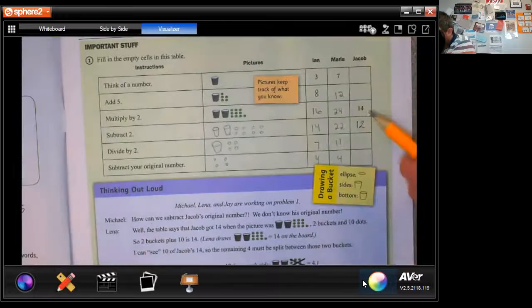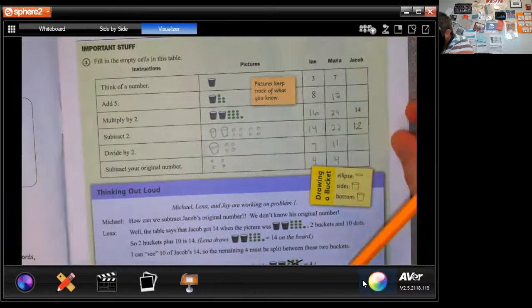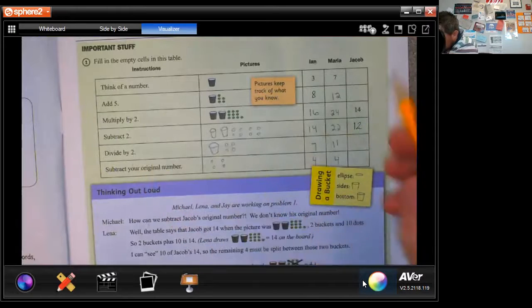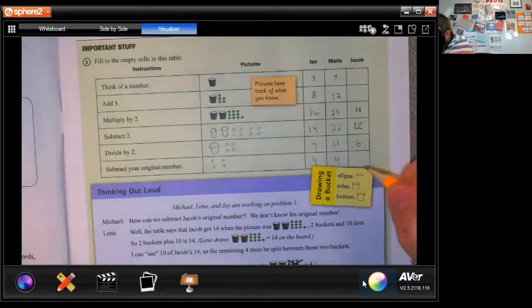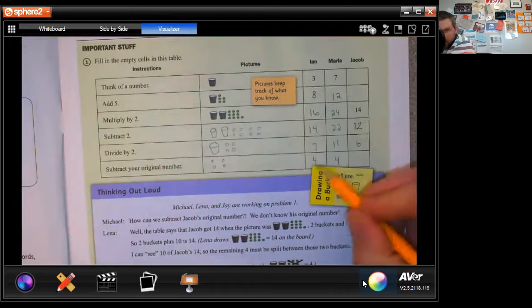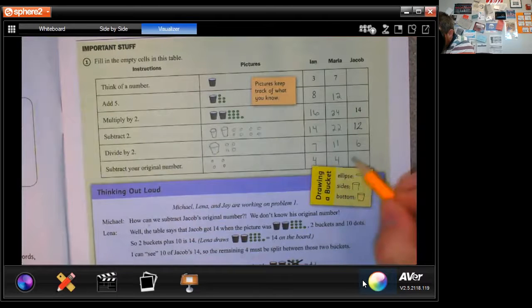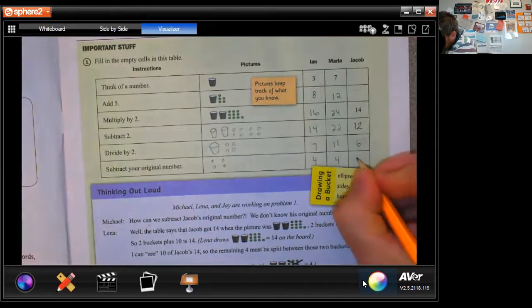Now here, they've kind of started us in the middle. Okay, we're going to have to fill in the rest of these numbers. Okay, so had 14 and then subtracted 2 to get 12. You take 12 and divide it by 2, you get 6. And we know that you had to subtract the original number to get 4.